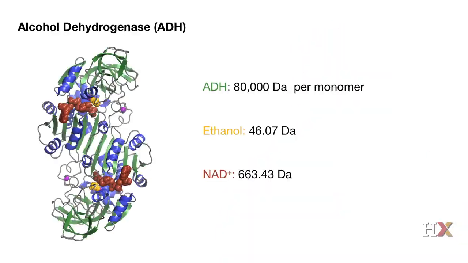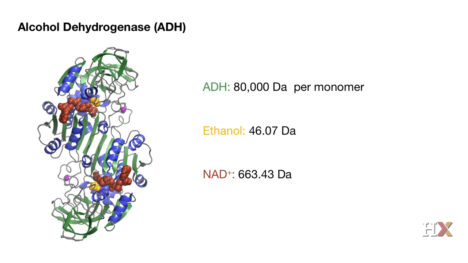If we take the example of an enzyme called alcohol dehydrogenase, its size is around 100,000 Dalton, while the size of the substrates, which are ethanol and NAD+, is less than 1,000 Dalton.